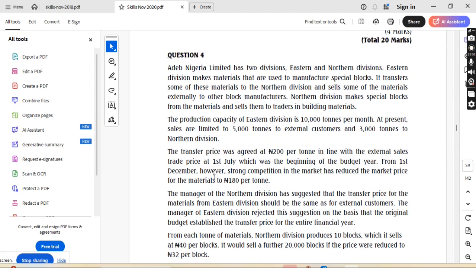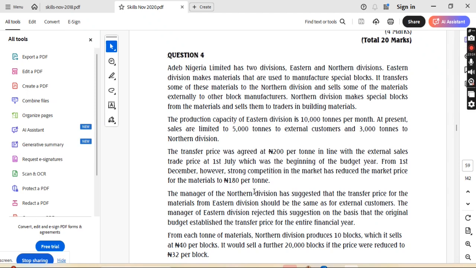From 1st December, however, strong competition in the market has reduced the market price for the material to 180 per ton. Now they've reduced the market price to 180, not 200.